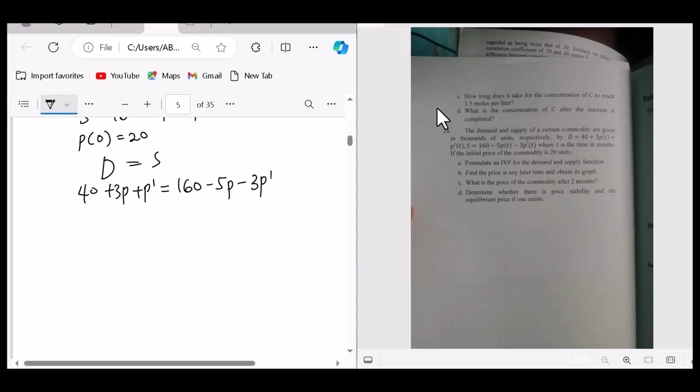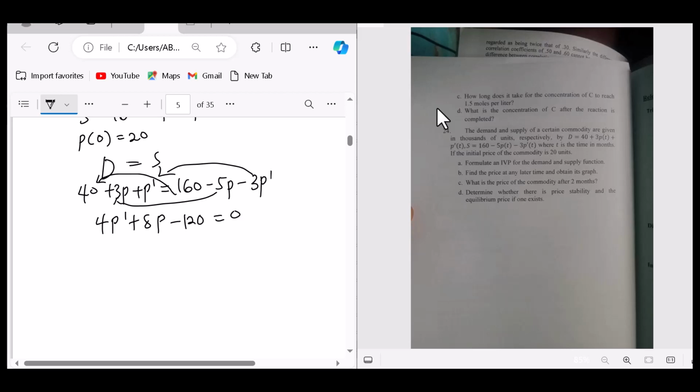So we just do some grouping of like terms. If I send this one there, I'll have 4P prime. If I send this one here, that will be plus 8P. If I send this one here, that will be minus 120, all equal to 0.